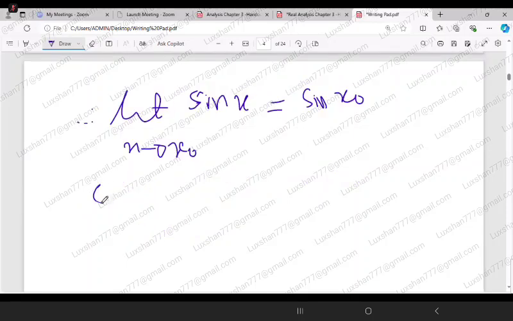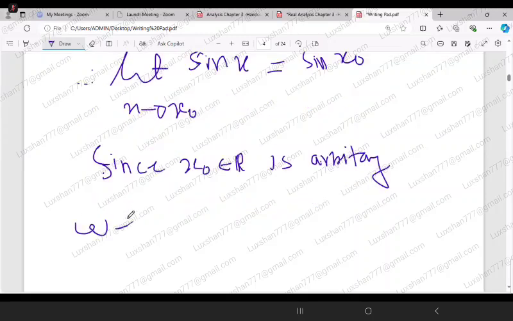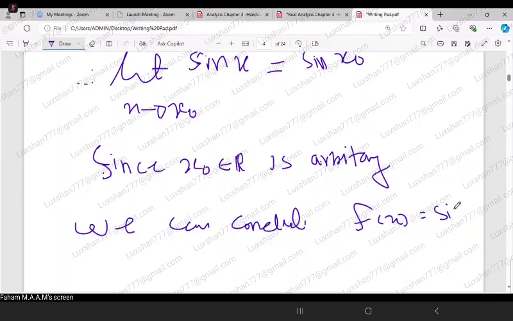Okay, since x naught belongs to R is arbitrary, we can conclude that f of x equal sin x is continuous.